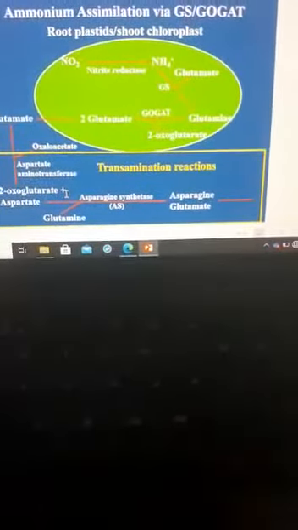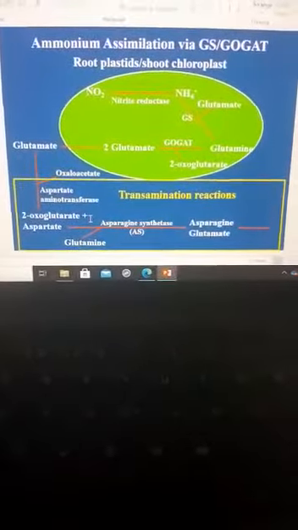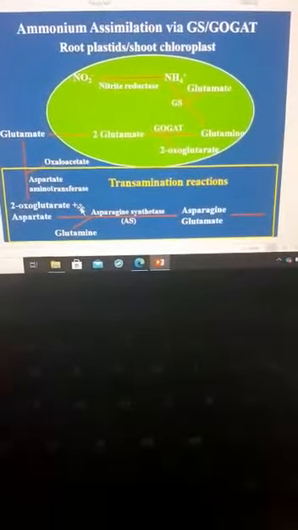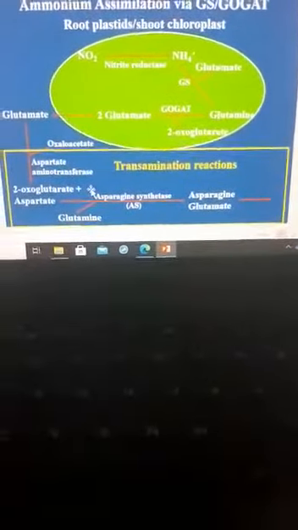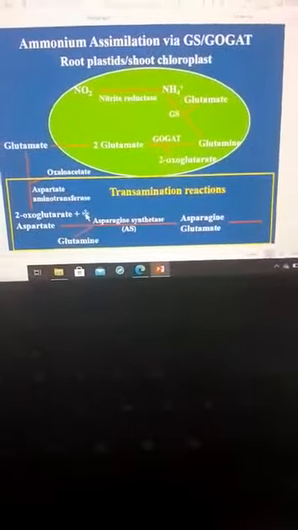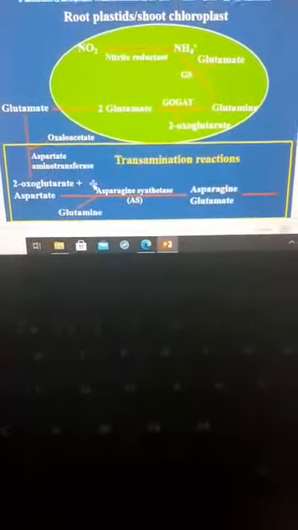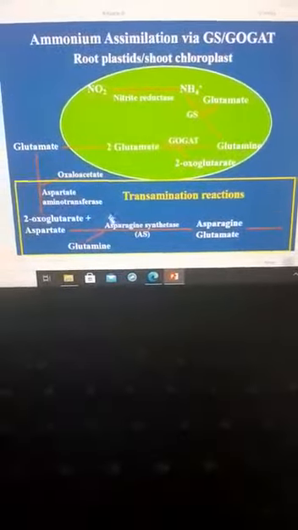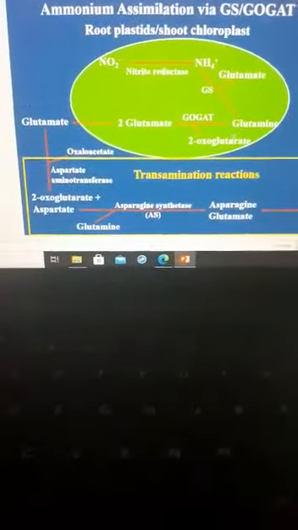So it can be nitrogen absorbed by the plant in the form of nitrate, or it could be nitrogen absorbed from the soil in the form of ammonium. Alternatively, if it is a nitrogen fixing plant, it could be the nitrogen that the plant fixed from the atmosphere through the nitrogen fixation process that we have dealt with before, whose end product is the formation of ammonium.